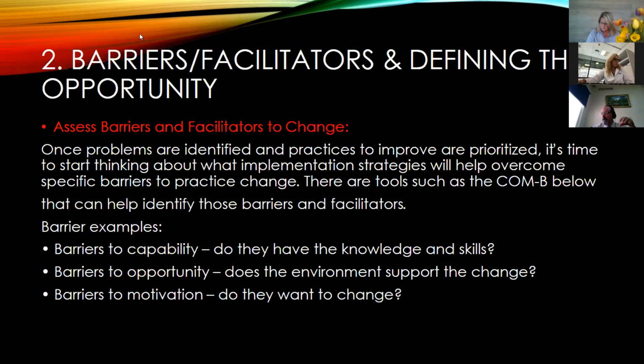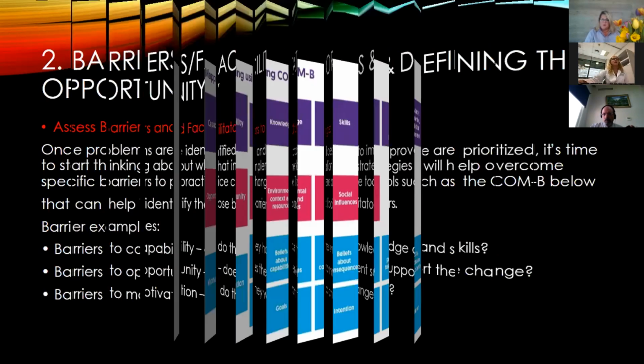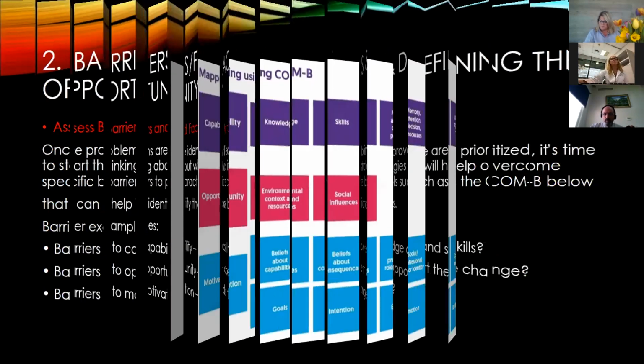There are tools such as COM-B. We are going to discuss it below, that can help identify these barriers and facilitators. For example, barriers for capability, opportunity, and motivation. Capabilities such as knowledge, skills, decision-making and habits.